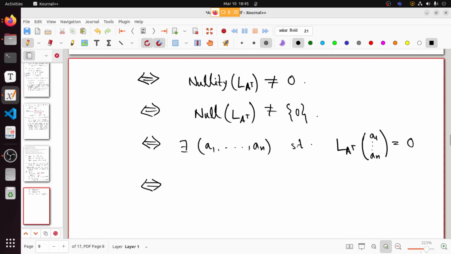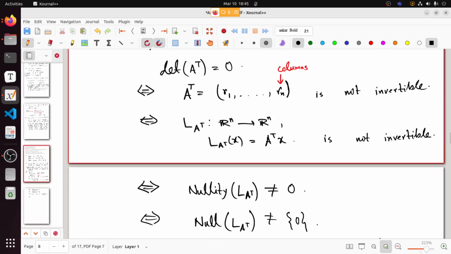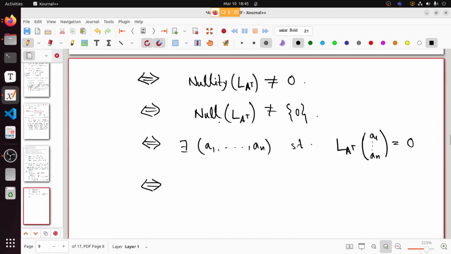And what is the meaning of this? L of A transpose is just A transpose times (a1, ..., an), and A transpose is the column matrix. So this means the matrix where R1, R2, ... are the columns, multiplied by a1, a2, ..., an.